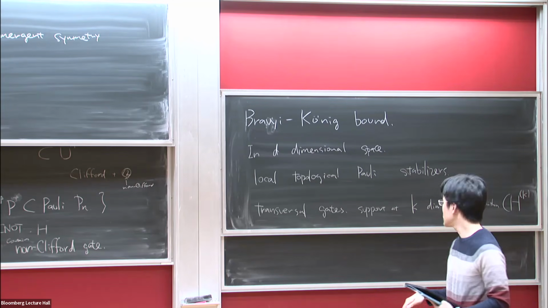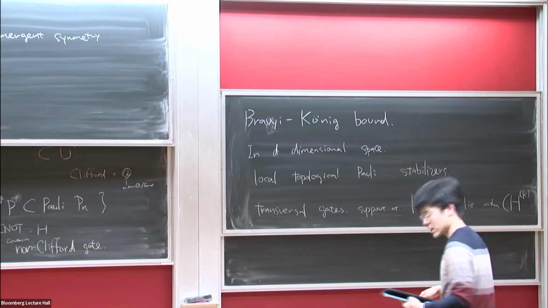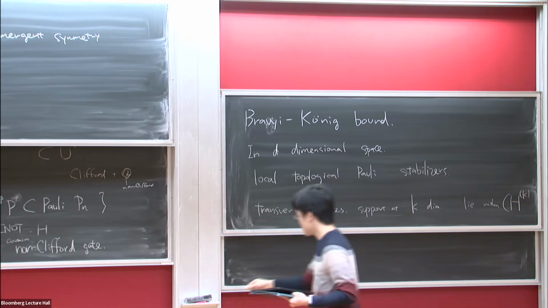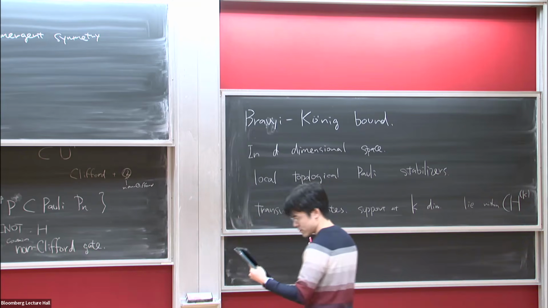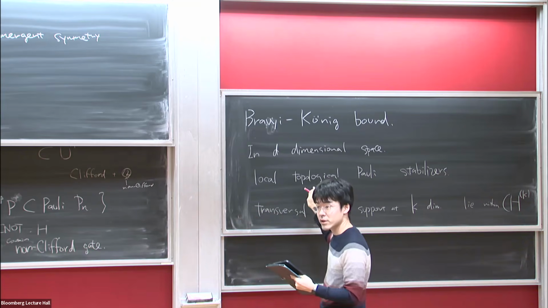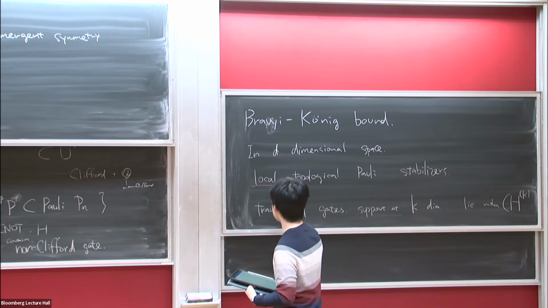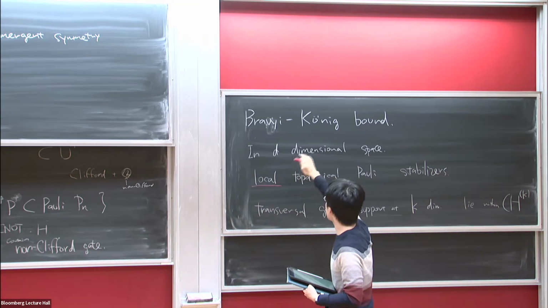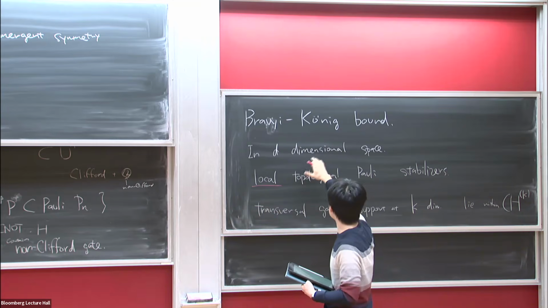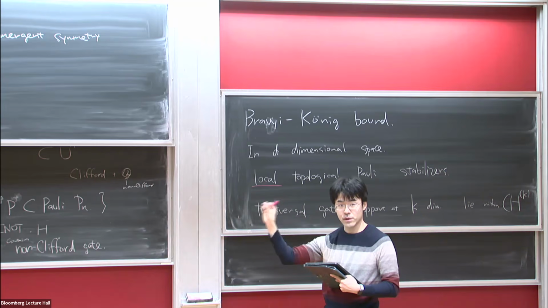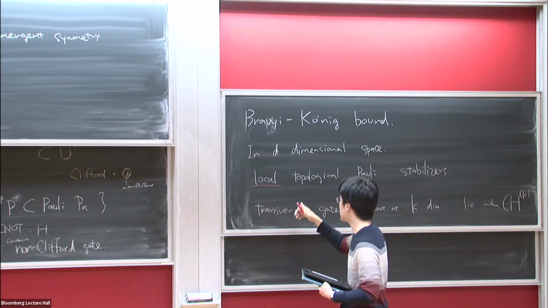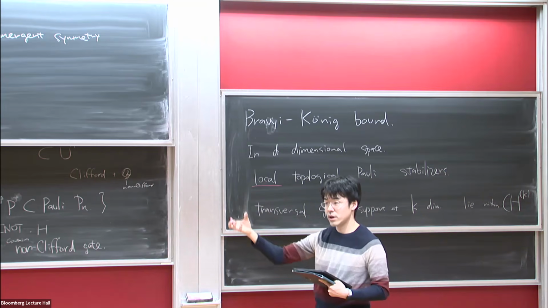Define what's topological power? I don't try to define that precisely, but let me try to define what I mean by topological. So here, local means that the code is defined on Euclidean space where a qubit is supported on some sites, and there's some notion of locality.